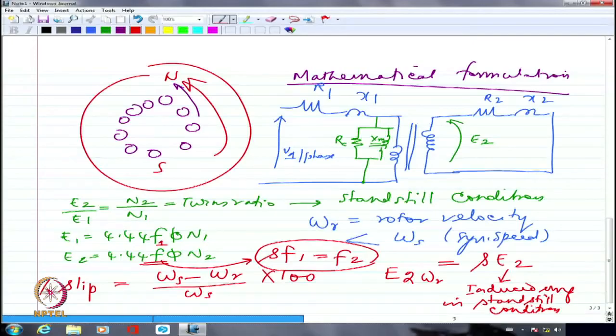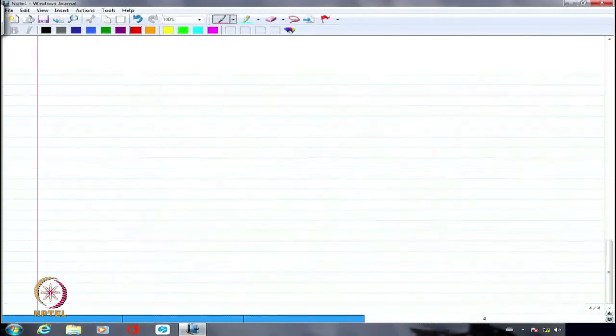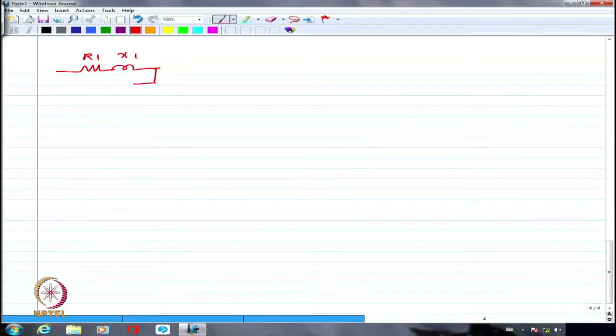Got it? So now that I have this clear, that this is going to be S times E2, let me redraw the equivalent circuit again. I have this as R1, this as X1. I do have definitely XM, RC, and I have here the stator winding.